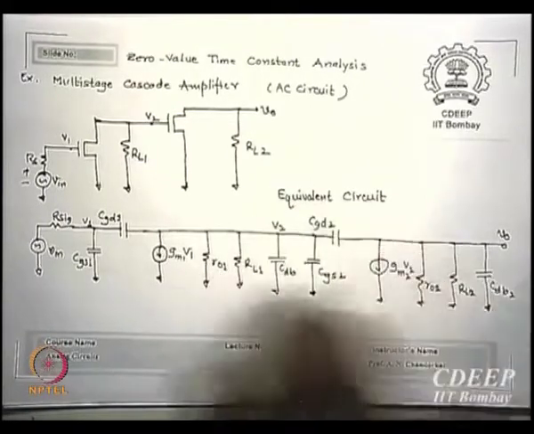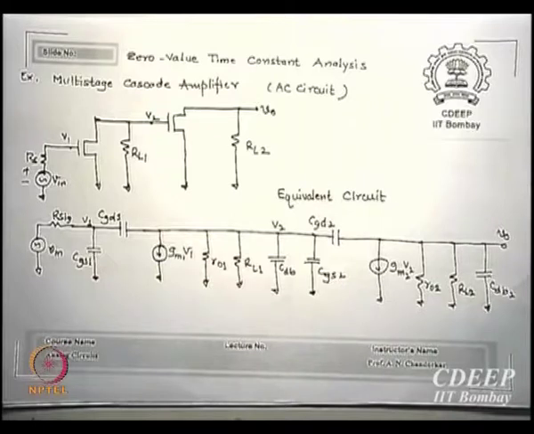We like to see how much equivalent resistance each capacitor sees. If I get that equivalent resistance, I get the RC time constant for each of these capacitances, and then I sum all those time constants, and 1 upon tau is the dominant pole.